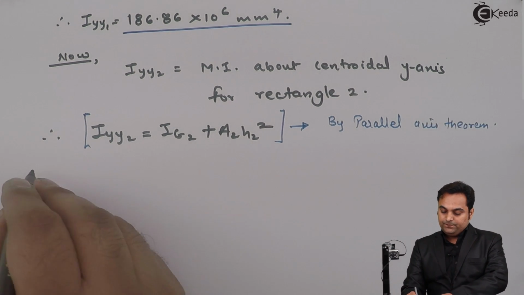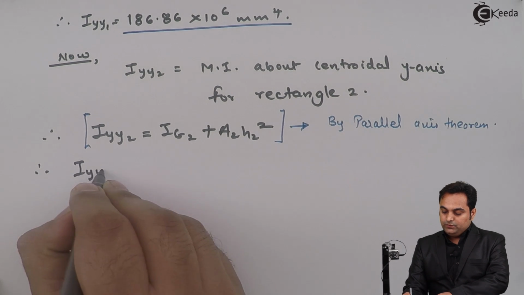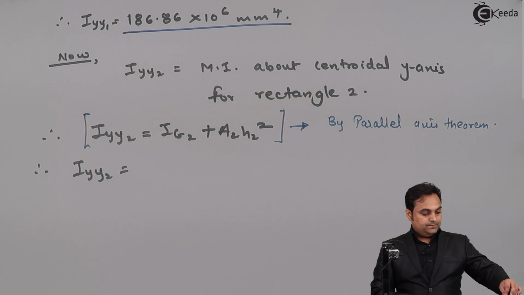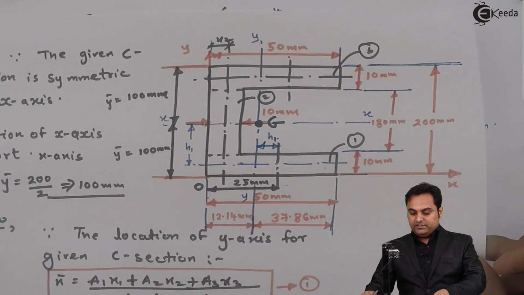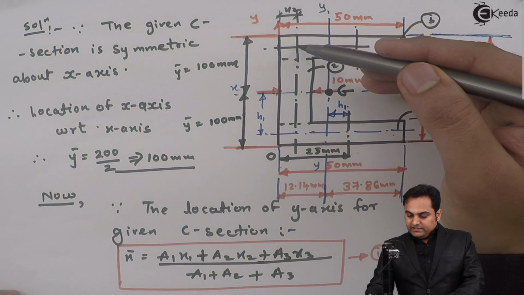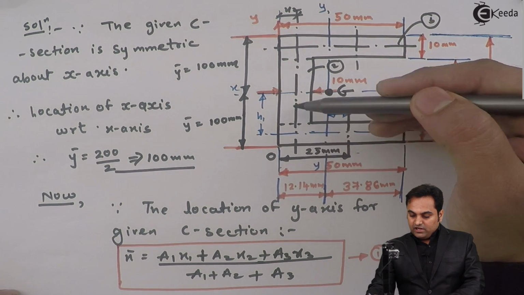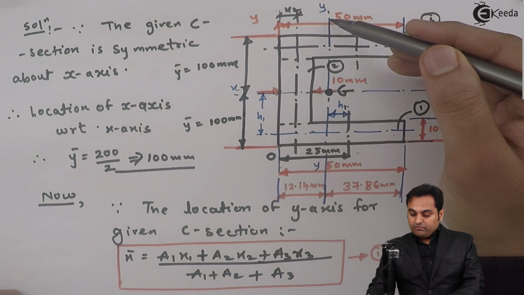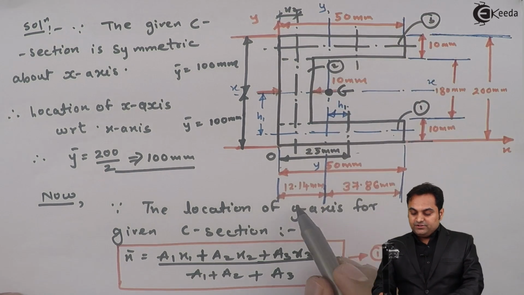We can see from the diagram that the y-axis of rectangle 2 is at a distance of half of 10, that is 5 mm, whereas the y-axis for the complete section is at 12.14.